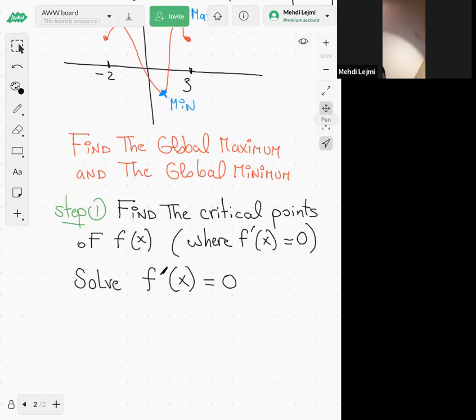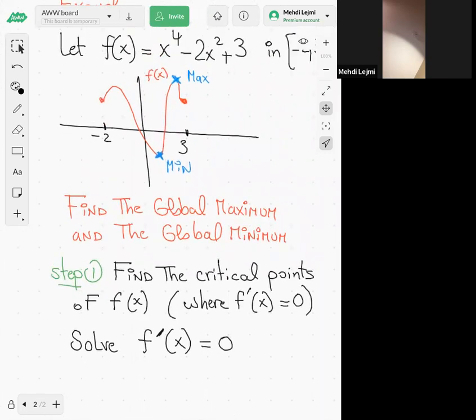However, if you have a global maximum or global minimum at a, the derivative is going to be 0, okay? So just be careful. Anyway, that's the first step. We're going to find the critical points, so we have to solve derivative is 0.